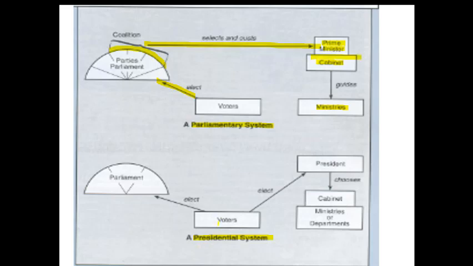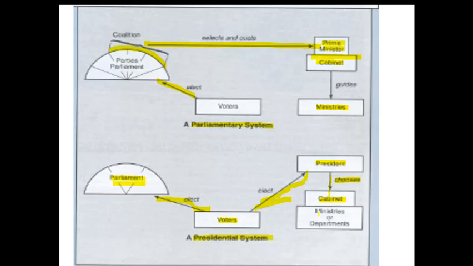Now, with the presidential system, which we'll talk about in the next chapter, the voters elect both the Parliament, which we call Congress, and the President. As you can see with these arrows here, the voters are electing both of them. And you have the checks and balances between these two branches. And in this case, the President is choosing or appointing his cabinet, which then actually has to be approved by Congress.